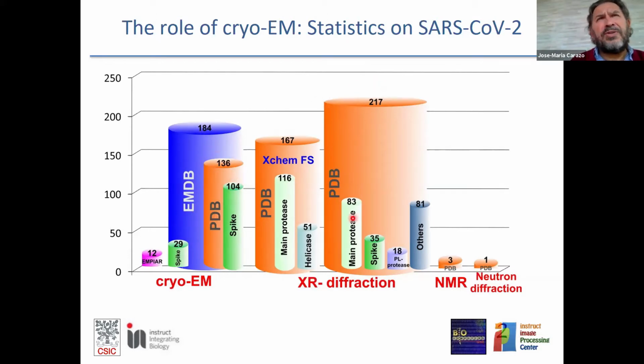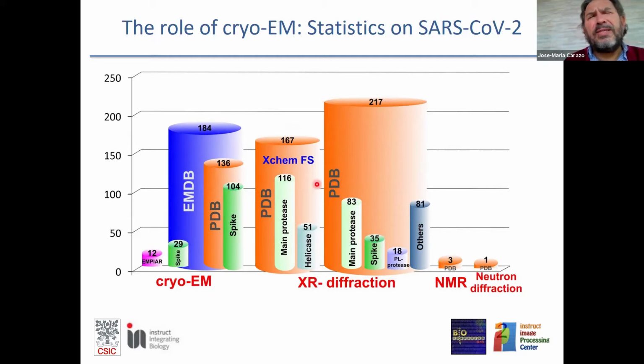Of course, X-ray diffraction has a higher throughput than cryo-EM at the time, and you see that they have produced a number of models, in their case not only of the spike but certainly of other proteins.